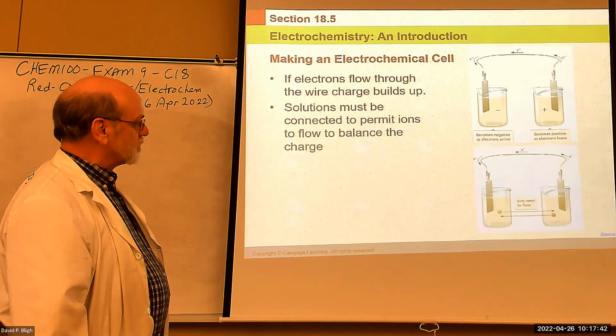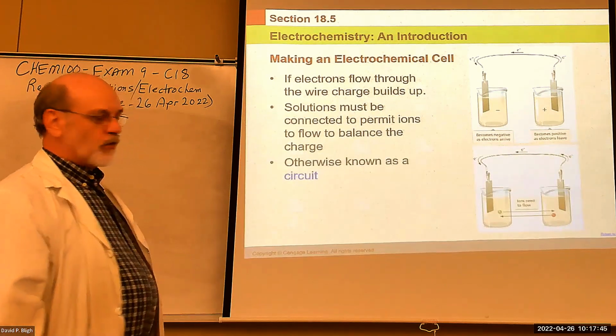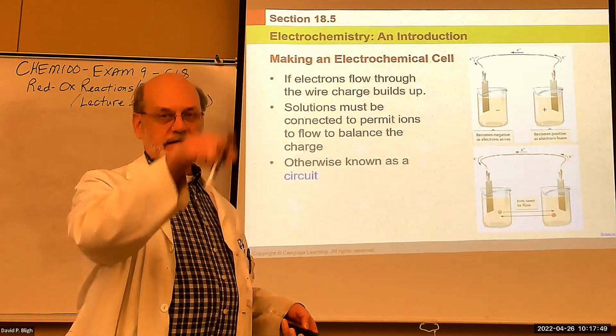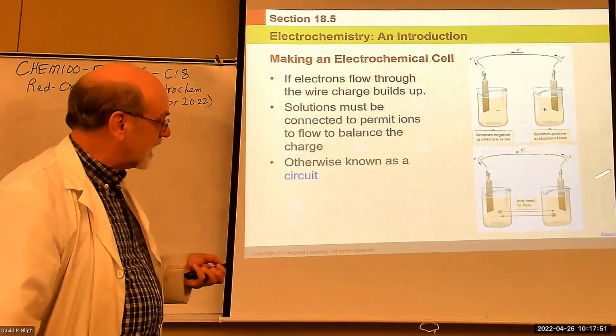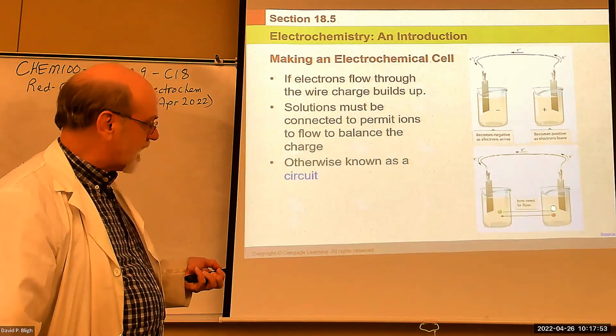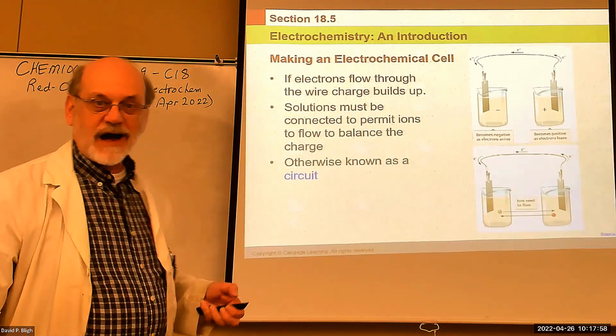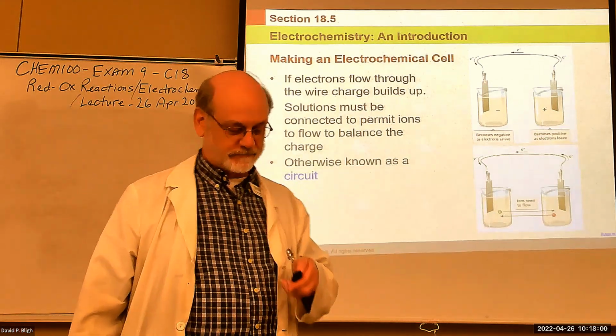In order for those electrons to move, we need a way for the current to flow in a circuit. So what we have to do is connect this half cell to this half cell through some sort of external ion transmitter.